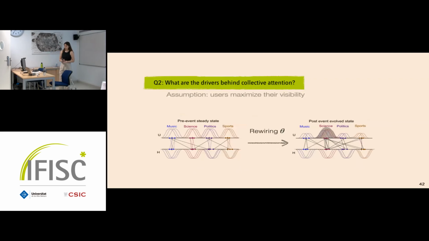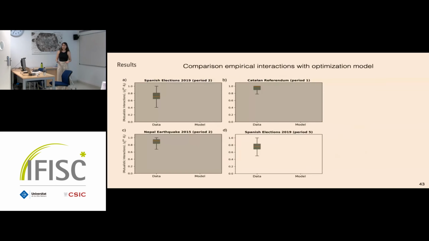So we started to simulate with these coupled equations and added this optimization rewiring process. We wanted to compare the final mutualistic structure. This is the mean mutualistic value in the three peaks and a calm period. We compared these values with the values obtained with our optimization process, starting at the beginning of the event.